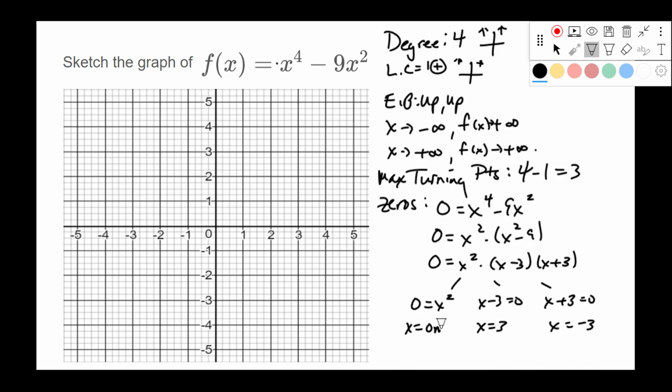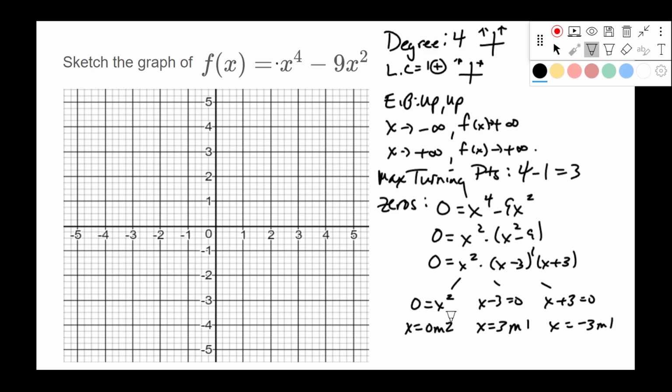Now, there are multiplicities. 0 has a multiplicity of 2. There it is. And the 3 came from here, has a multiplicity of 1. There's a 1 up there. And then x plus 3 also has a multiplicity of 1. Okay.